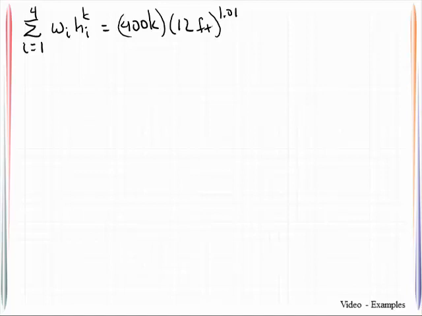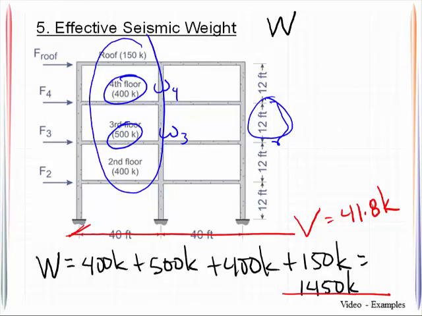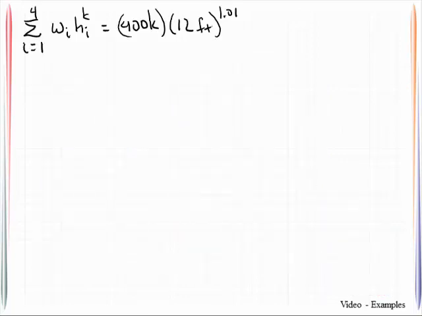And let's get a clarification. H represents the total height for that particular level. So for story 2, that would be the height. For story 3, it would be this. Story 4 would be this. For the roof, it would be this. Plus here, 500 kips and 24 feet.